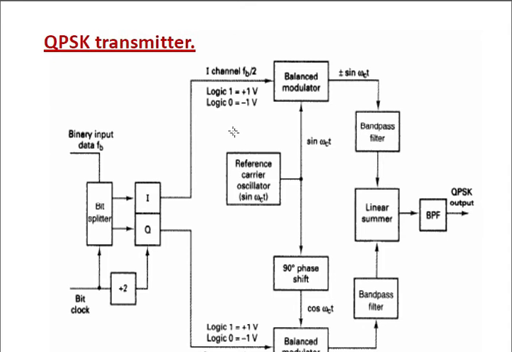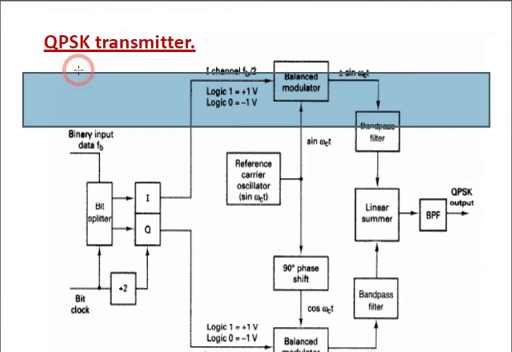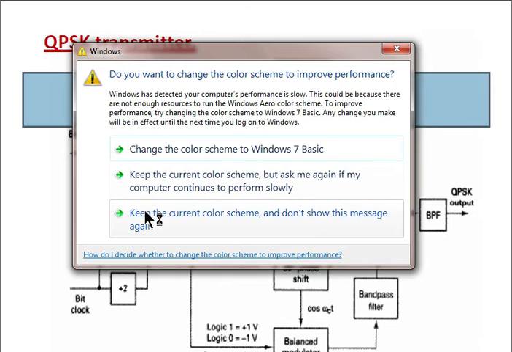So the overall bit stream is divided into even part and odd part. Basically the even part and odd part are generated with the help of the QPSK transmitter. Here we have seen the I channel.